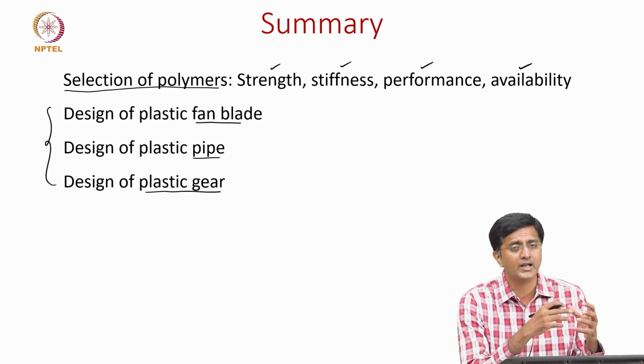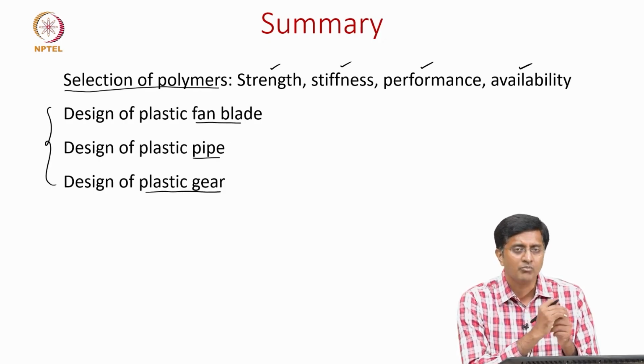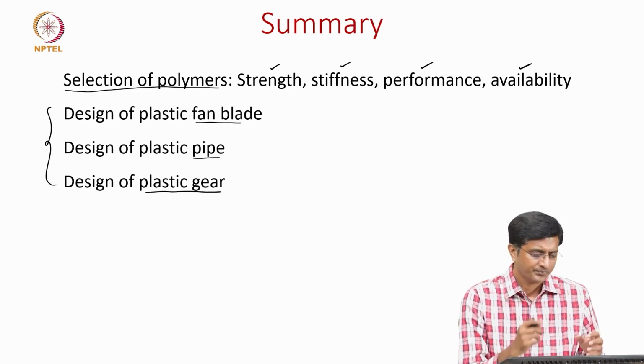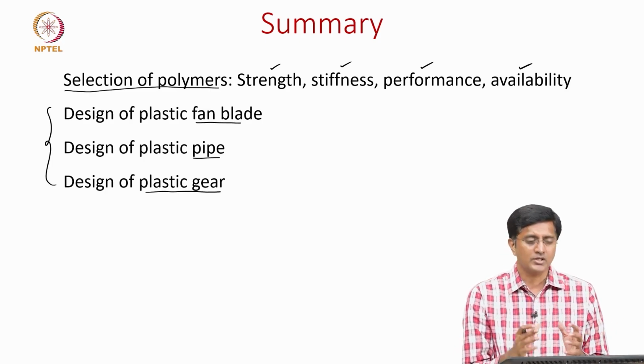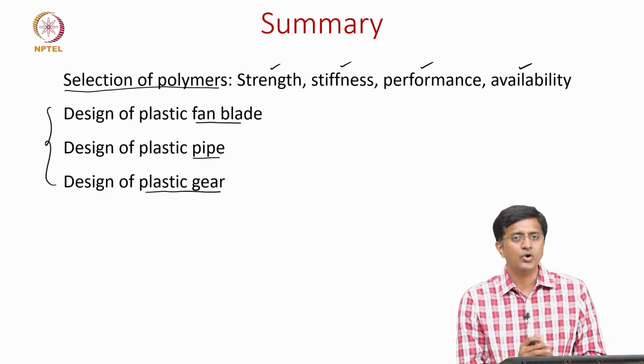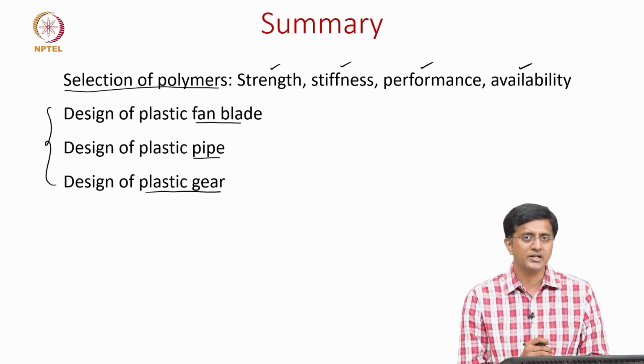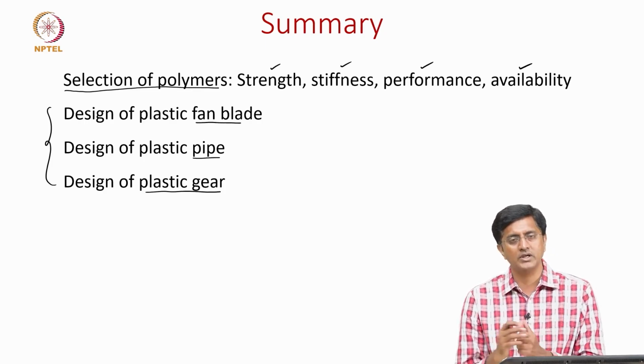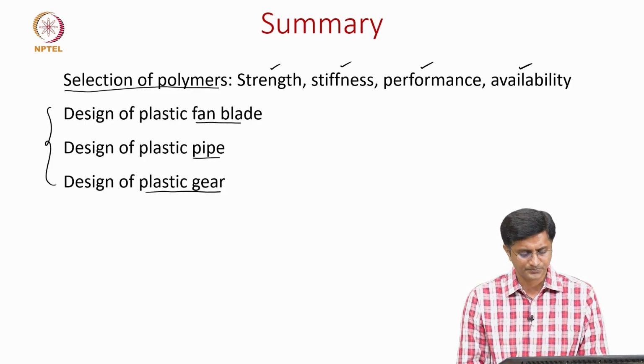But if you are looking at high speed operations, that is when lubrication is a must. But sometimes it is also good to replace one of the gears with a metal because it acts as a heat sink. So, this should summarize what we need to know about a few selection criteria for the gears and a few design principles when we are trying to use polymers in engineering design.